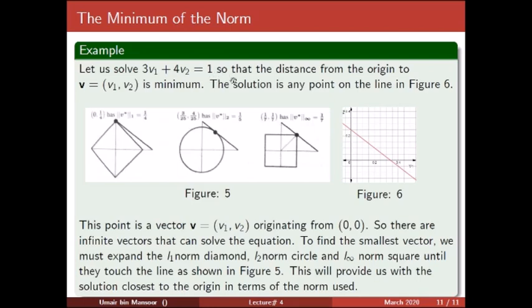Let's solve this so that the distance from the origin to the solution, or the vector, is minimum. The solution is any point on the line in figure 6. When you plot this equation, you get this line. Here v1 represents the x-axis and v2 represents the y-axis.